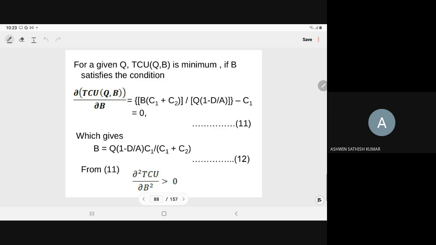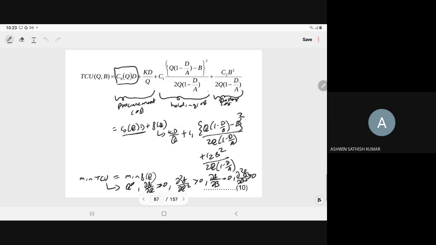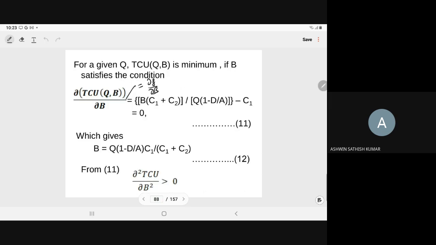Del TCU of Q comma B by del B is equal to del F by del B, because if you differentiate with respect to B, there is no B quantity in this part. Either way, both will give the same result, and we have already seen this derivation.